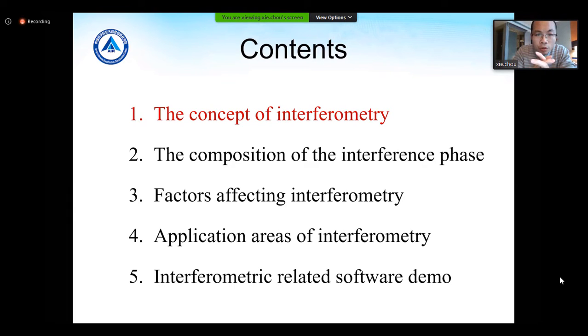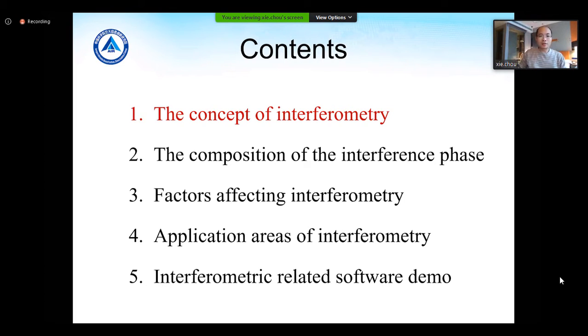First, I would like to give a short introduction of the concept of interferometry. Then, I would like to analyze the composition of the interference phase.